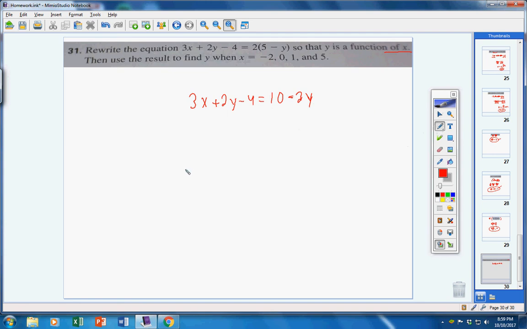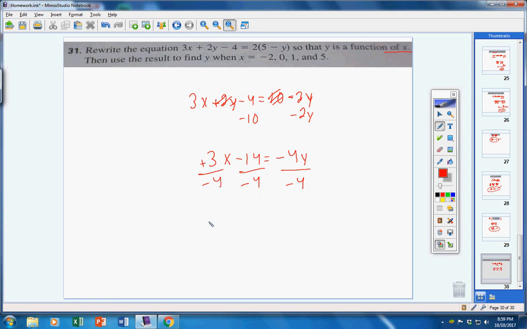Next, eliminate fractions. Next, get all the terms for solving for y. So all of the terms that have a y, get those on one side, and all the other terms to the other side. So I'm left with 3x, negative 14 equals negative 4y. Now, divide everything by negative 4, and here we go.